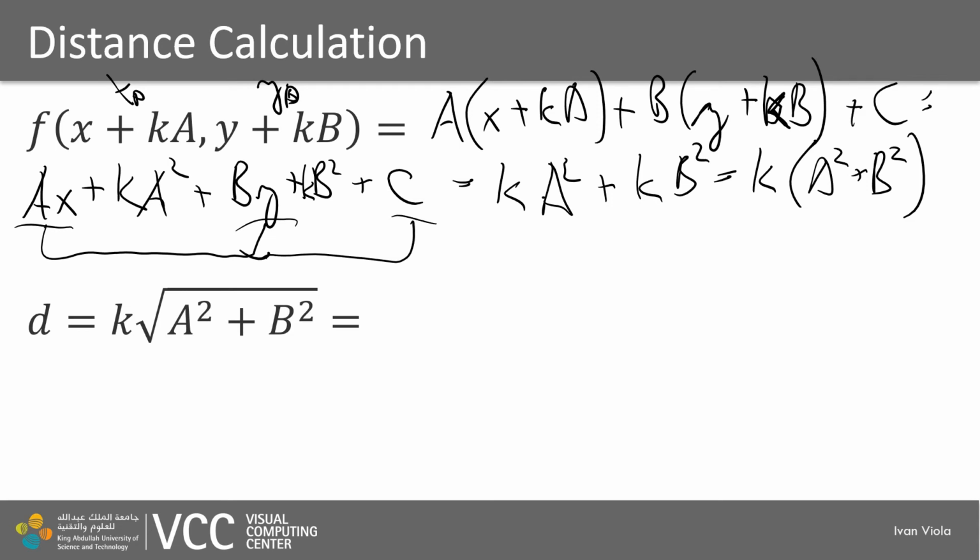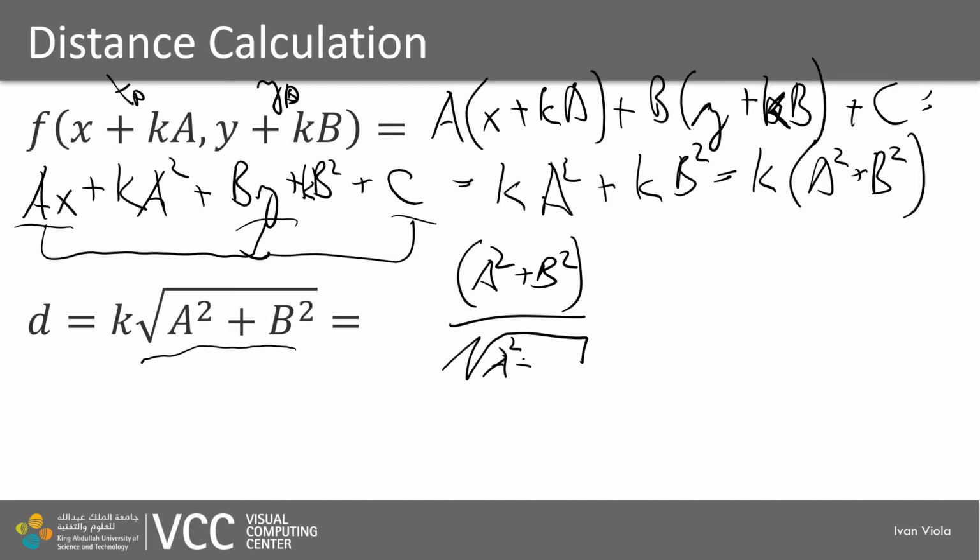So we can actually express this term here as a squared plus b squared divided by the square root of a squared plus b squared. This term times k is this full term.